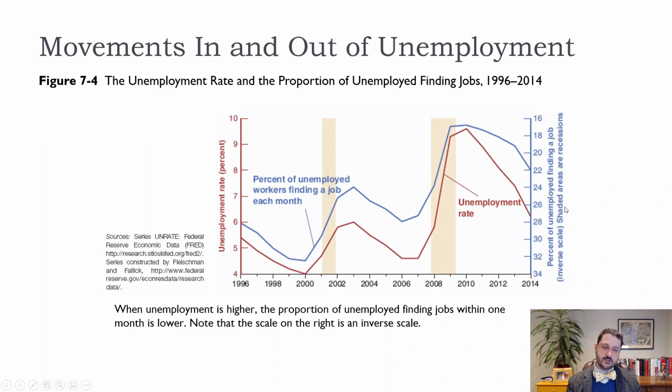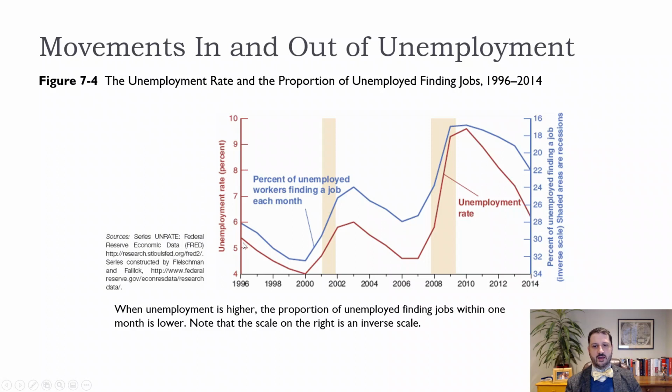Now this graph is a little bit hard to read because our vertical axis on the right-hand side is inverted. So we have 34 down at the bottom and we have 16 up at the top. So when this is going up, the percentage of unemployed workers finding a job each month is going down. And that's basically what happened.